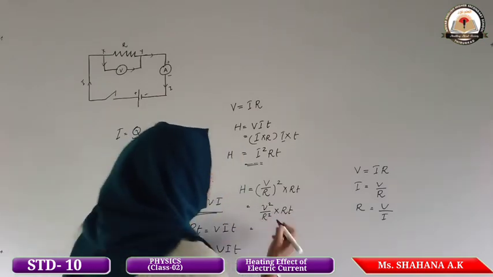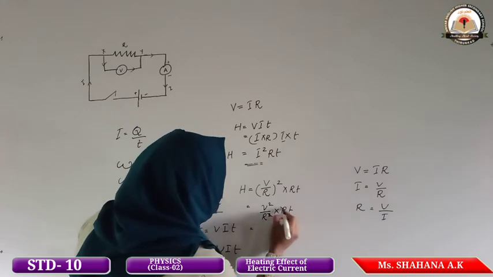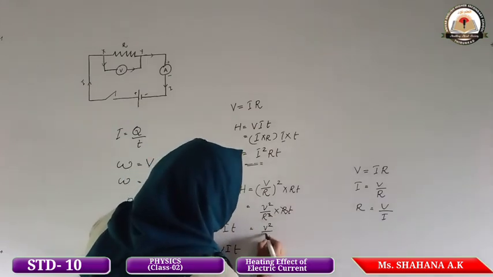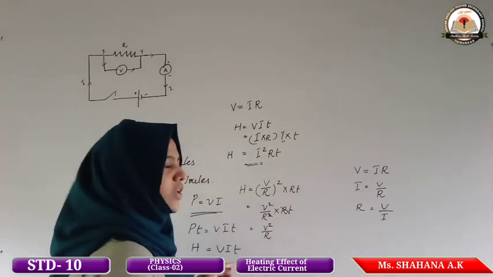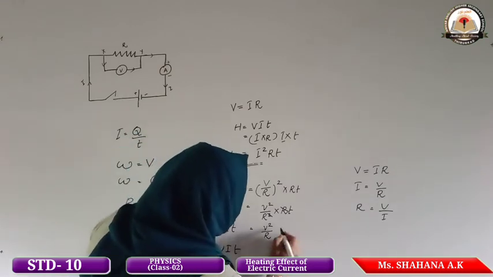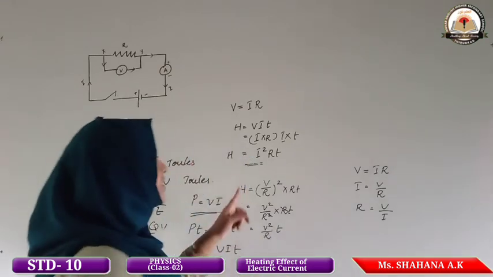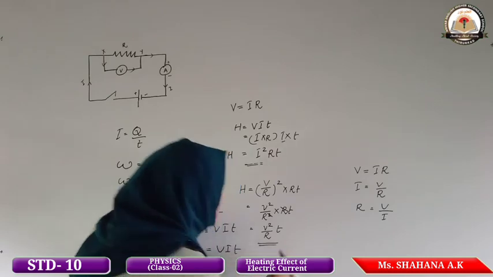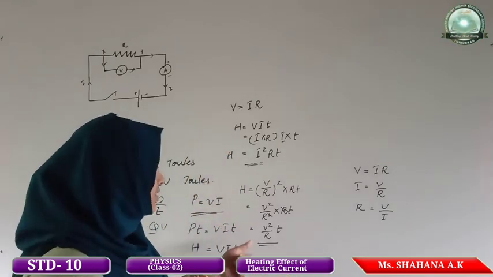Cancelling both the R's, the equation becomes H is equal to V square by R into T. So here is another equation for heat generated in a circuit.